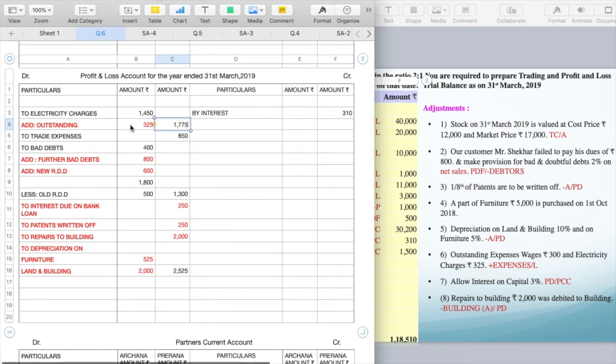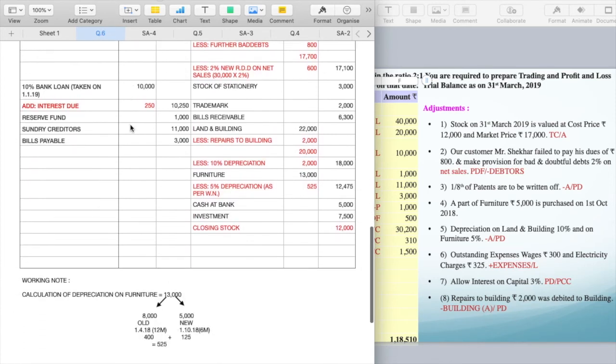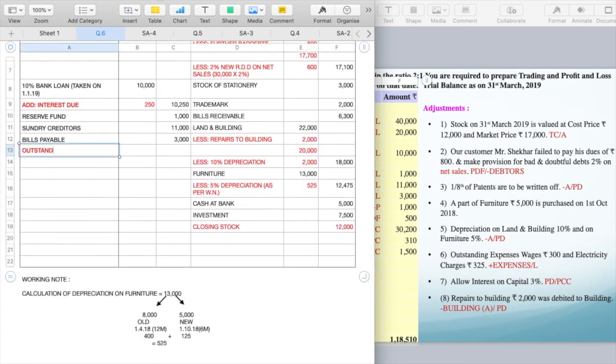Now we have added to the wages as well as to the electricity charges. The second effect will go to liabilities, outstanding expenses, wages and electricity charges. Now wages is 300 and this is 325, so in the outer column it will be 625.